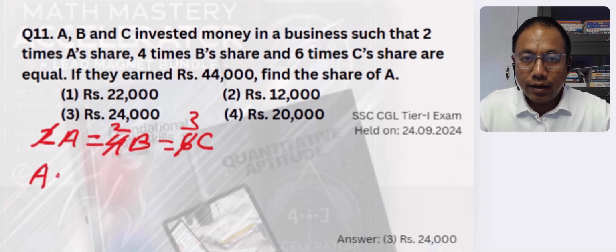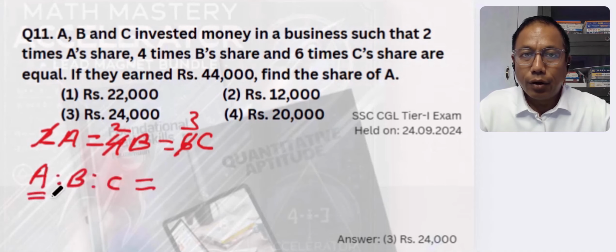A is to B is to C is, in place of A, multiply the coefficients of B and C. 2 threes are 6. In place of B, multiply the coefficients of A and C. 1 into 3 is 3. In place of C, multiply the coefficients of A and B. 1 into 2 is 2.